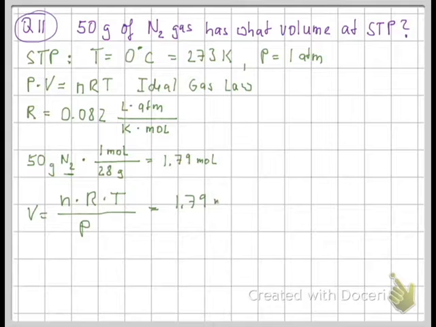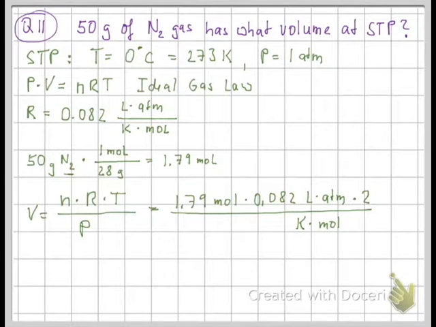So n we just calculated was 1.79 moles times R, which is 0.082 liters times atmospheres, and so this is your division, kelvins, moles. These units belong still to R, but I'm writing them on the division line where they need to be, times T. T was 273 Kelvin, because it's STP.